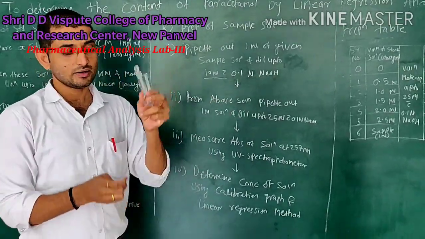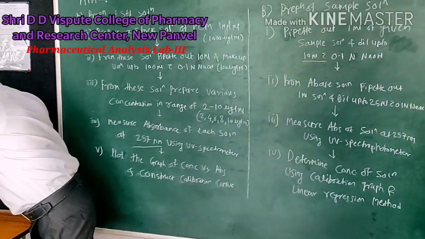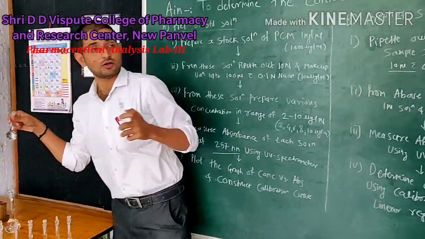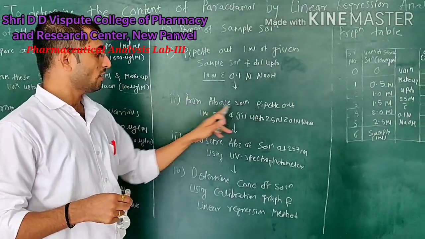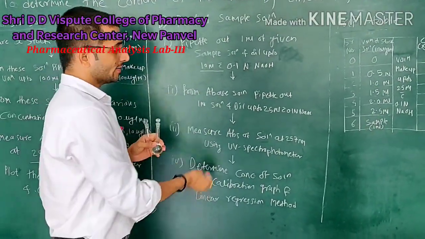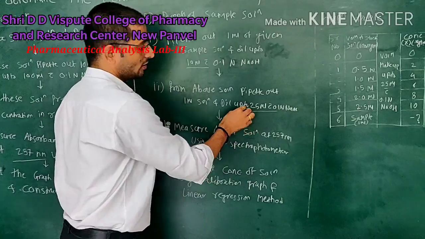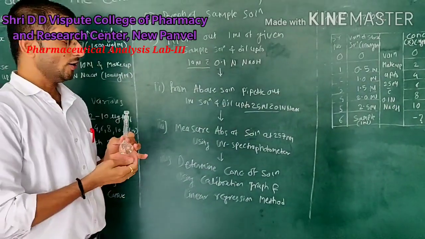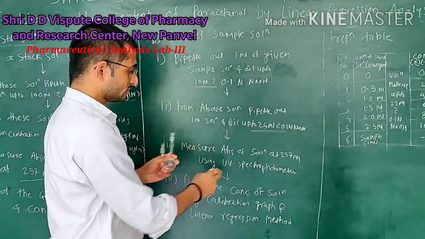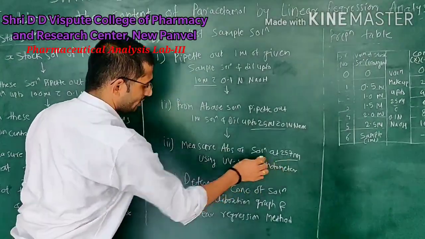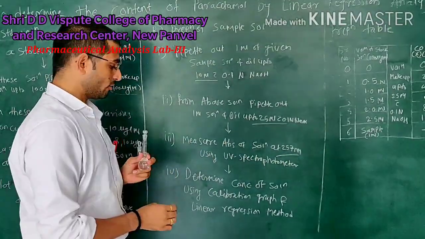From this 10 ml solution, pipette out again 1 ml and dilute up to 25 ml with 0.1 normal NaOH, and measure the absorbance at 257 nanometer using the UV visible spectrophotometer.